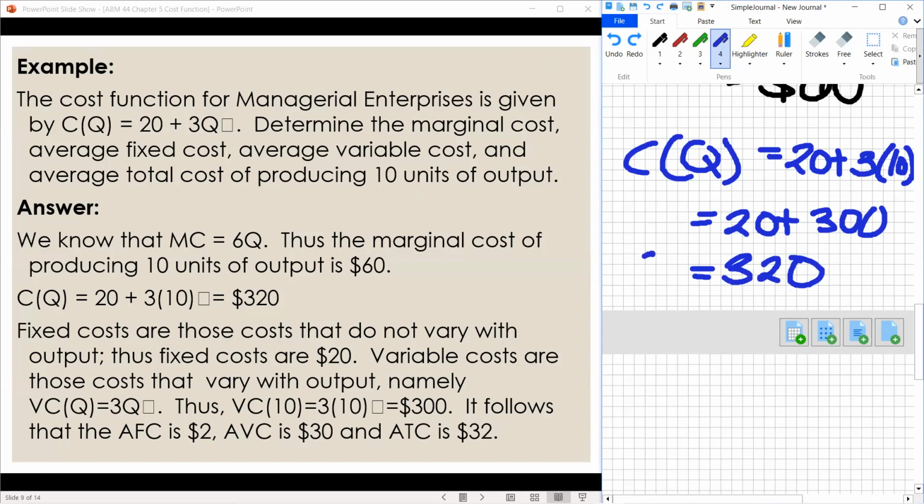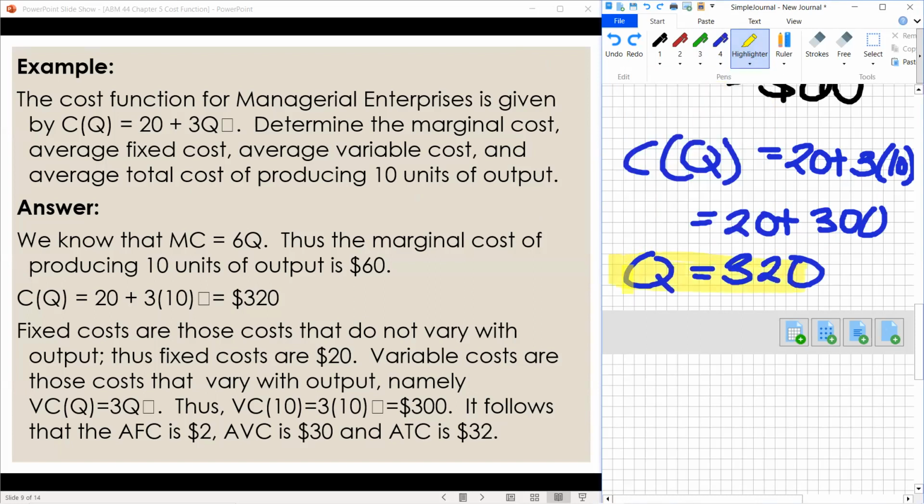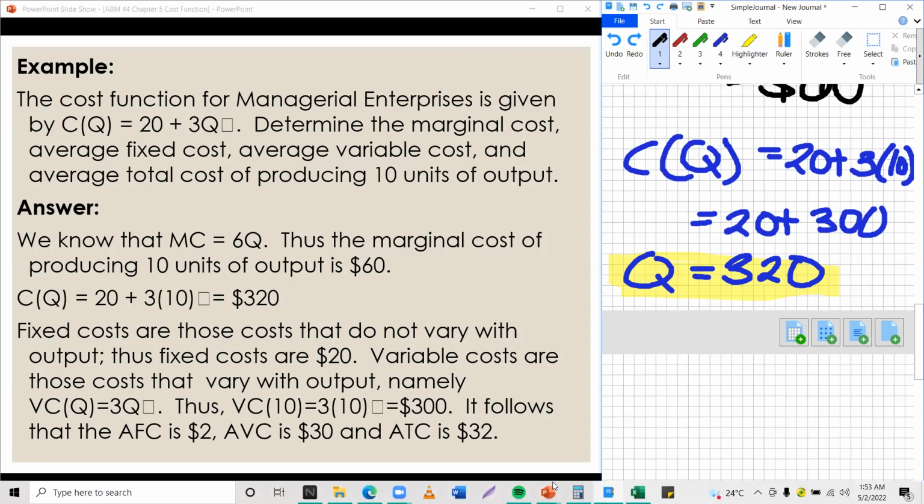So this is the answer. So this is the cost. Okay. So this is the marginal cost here. Questions.